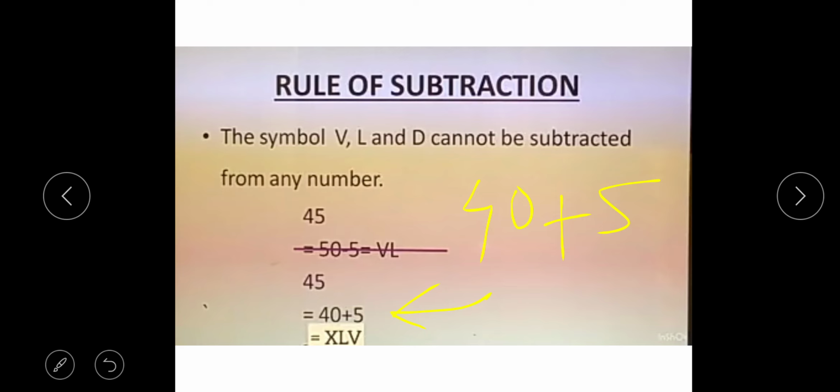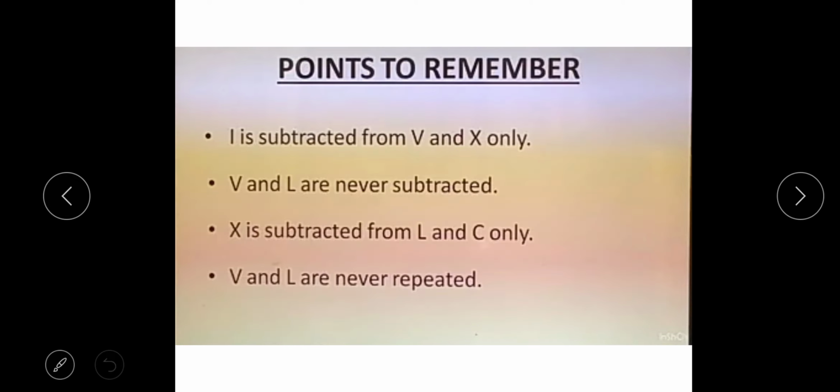So the number 40 is represented by XL and the number 5 by V. So XLV is the number 45. Then next, these points you have to remember.